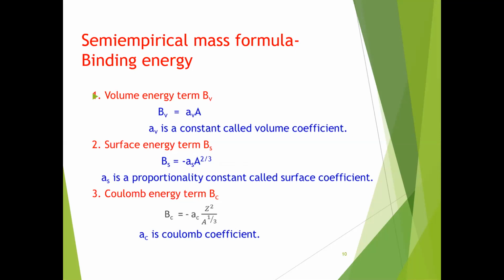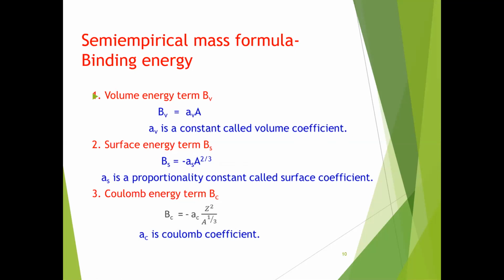Therefore, the volume energy term BV is proportional to the volume, and the volume of the nucleus is proportional to A. So BV is proportional to A, the atomic number, and BV is equal to AV into A, where AV is a constant called the volume coefficient.